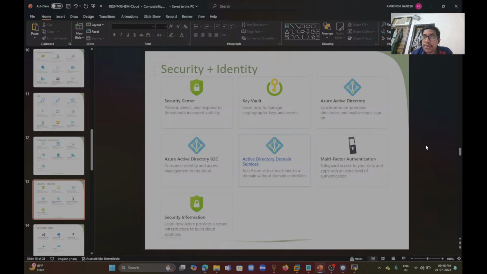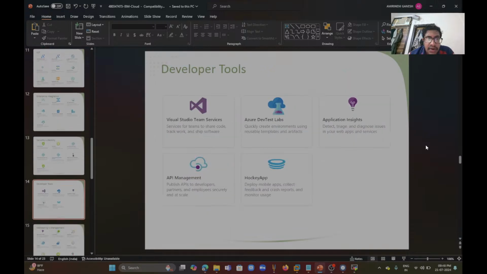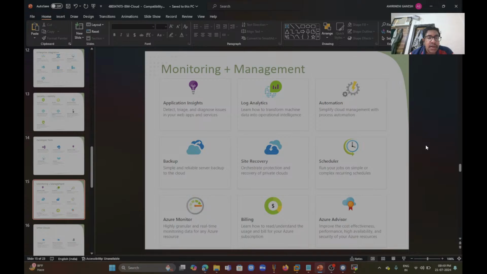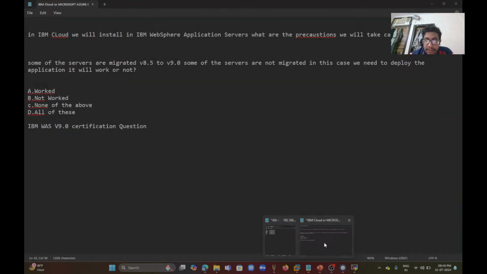And Visual Studio Team Services, Application Insights, API management services, and monitoring and management purpose. There is Site Recovery and Scheduler, Azure, and billing. These are some of the things we will discuss here.